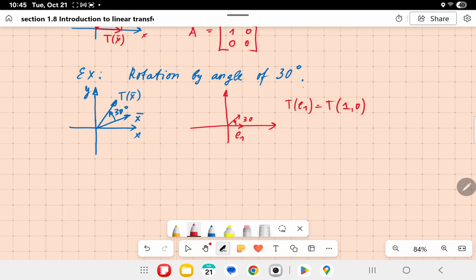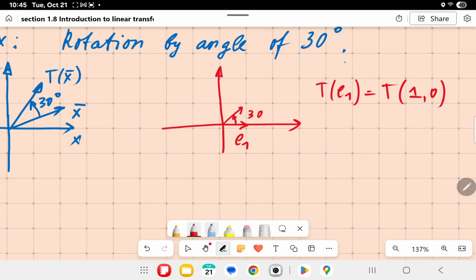Let me increase this picture a little bit. What is the x coordinate, what is the y coordinate? Well, that's just a right triangle. The hypotenuse is 1 unit, because it was a 1 unit vector. So the x coordinate is the hypotenuse multiplied by cosine of 30 degrees, which is 1 times cosine of 30 degrees, and you guys still remember this, it's square root of 3 over 2.